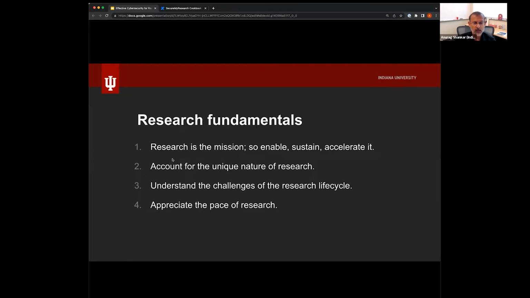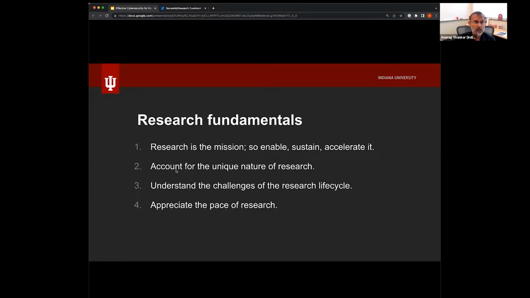And I can tell you that things are fairly chaotic, though not undisciplined. And there's a lot of time wasted, but that's where ideas are born, and that's where the innovation occurs. This has to be understood by those of us trying to secure research, and we need to apply a similarly innovative approach to securing research.